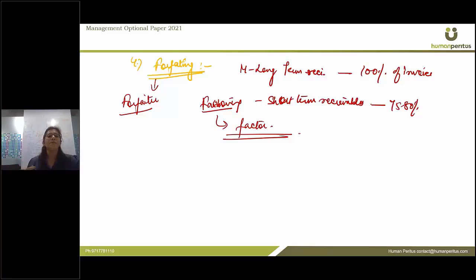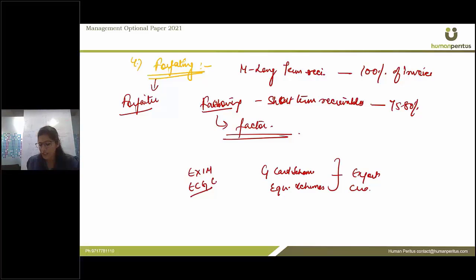So in the concluding part you can tell what agencies help, such as Exim Bank and the Export Credit Guarantee Corporation, and some of the schemes of the RBI, such as the gold card scheme and the equalization scheme, which provide export credit. You can conclude your answer by stating all this.